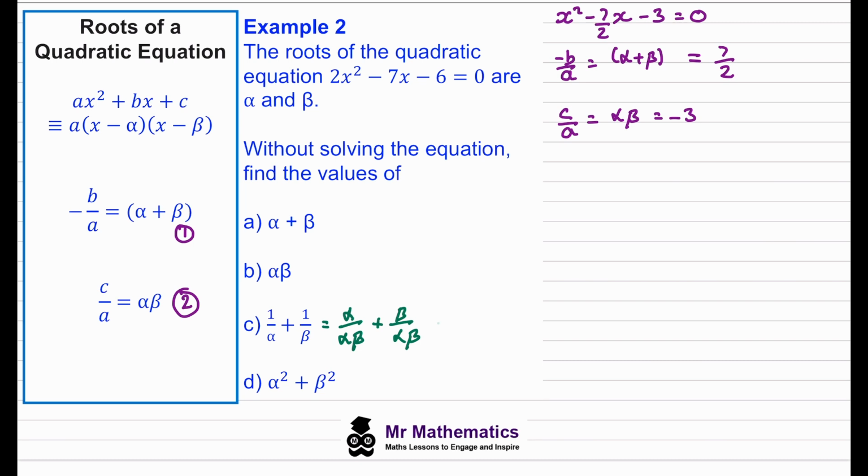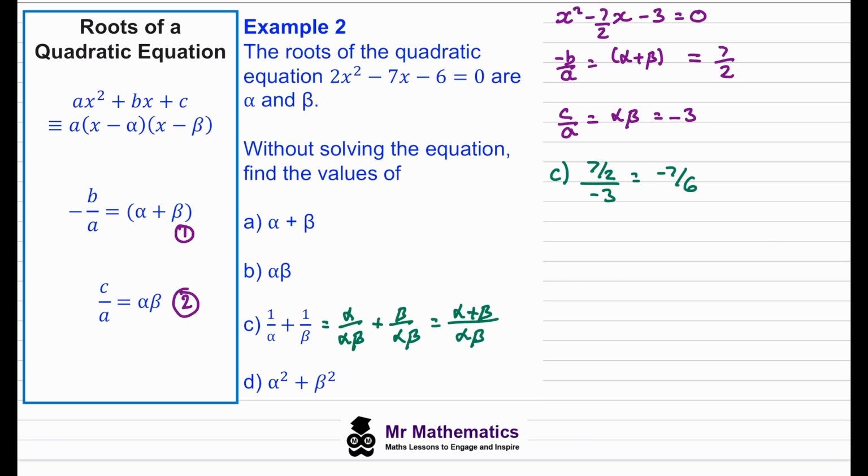So we can simplify this further as alpha plus beta over alpha beta. And we know our numerator is 7 over 2, divided by alpha beta, divided by negative 3, and this will give us negative 7 over 6.